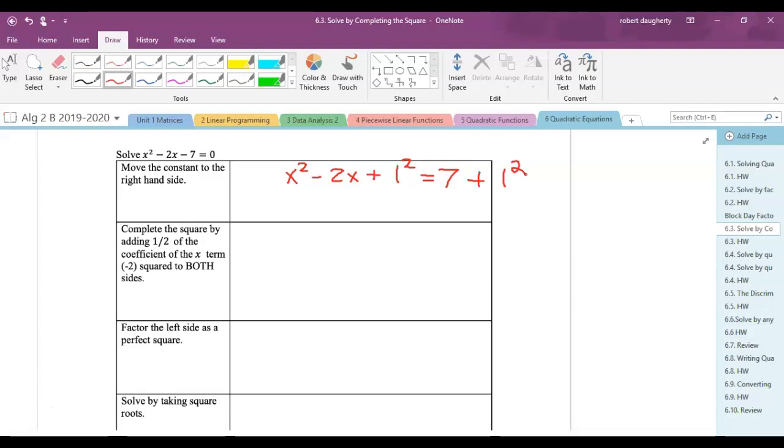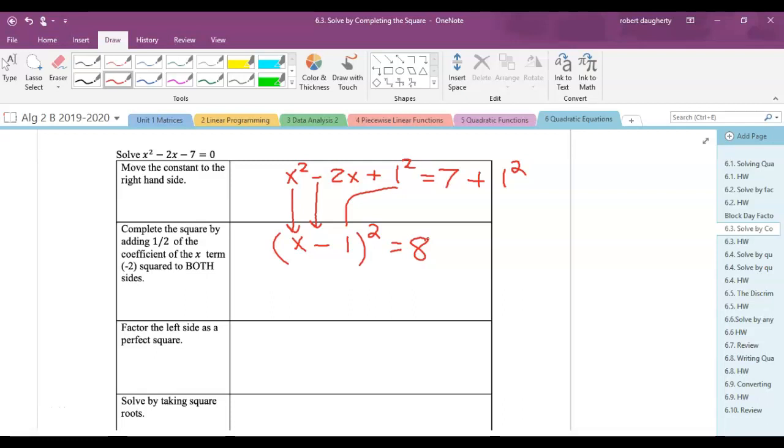You should be able to go straight to your factorization: x minus 1 squared equals 8. Take the square root of this, that's x, and copy that sign down. If this is 1 squared, you put a 1 right there. Okay? x minus 1 squared equals 8.